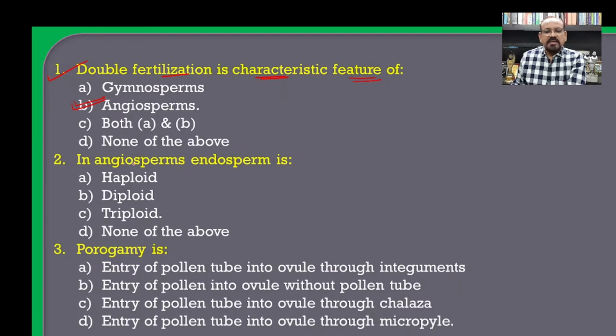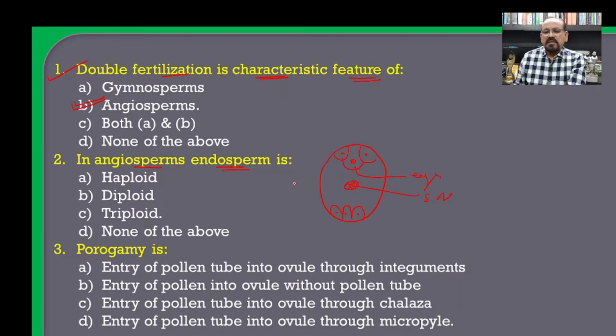Then the second one: in angiosperms the endosperm is. Earlier you might have studied the female gametophyte, that is the 7-celled and 8-nucleate structure, that is the 2 synergids and the egg, that is the egg apparatus, the presence of 2 polar nuclei which later fuse together forming the secondary nucleus, and the presence of 3 antipodal cells.